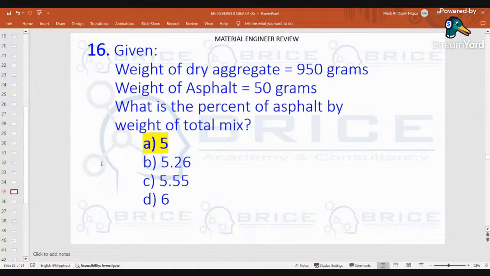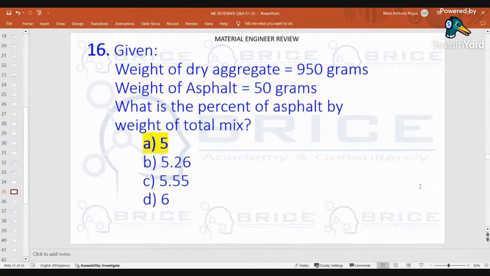5%. So, how did we get that? It's quick. Just add 950 plus 50. The weight of asphalt, 50, divided by 50 plus 950, or 1,000, times 100.